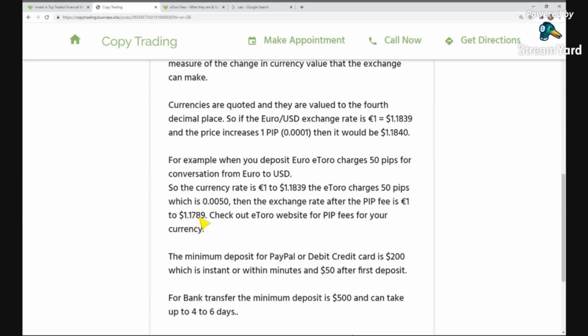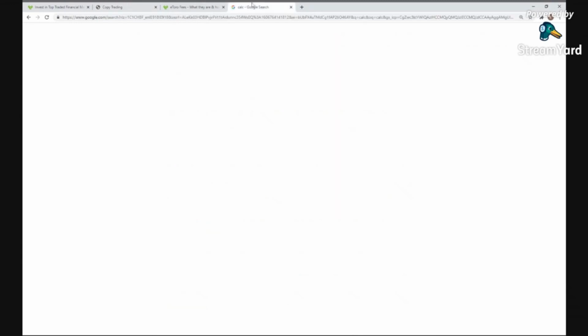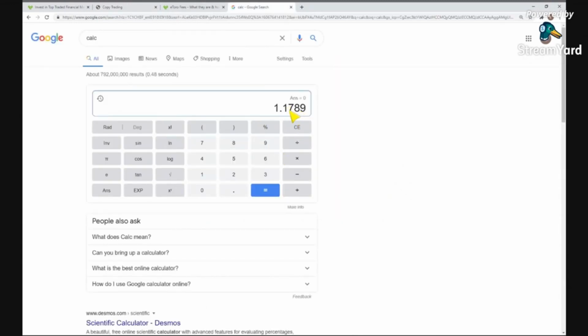Okay, so then you will multiply this value after taking the 50 pips away from the conversion. This is done automatically in the system, but just to explain. After I go to my trusty calculator and minus the 50 pips, 0.0050, I have the rate which is what I will have in my account after I deposit.